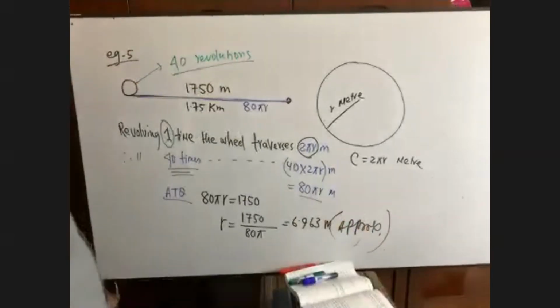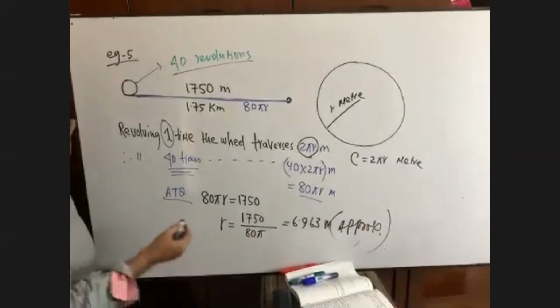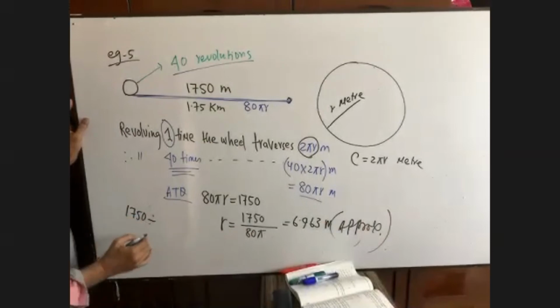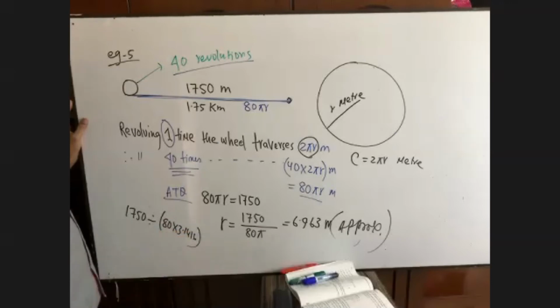Now please try to understand, all of you. When you divide it, it is like this: 1750 divided by the bracket 80 into 3.1416.